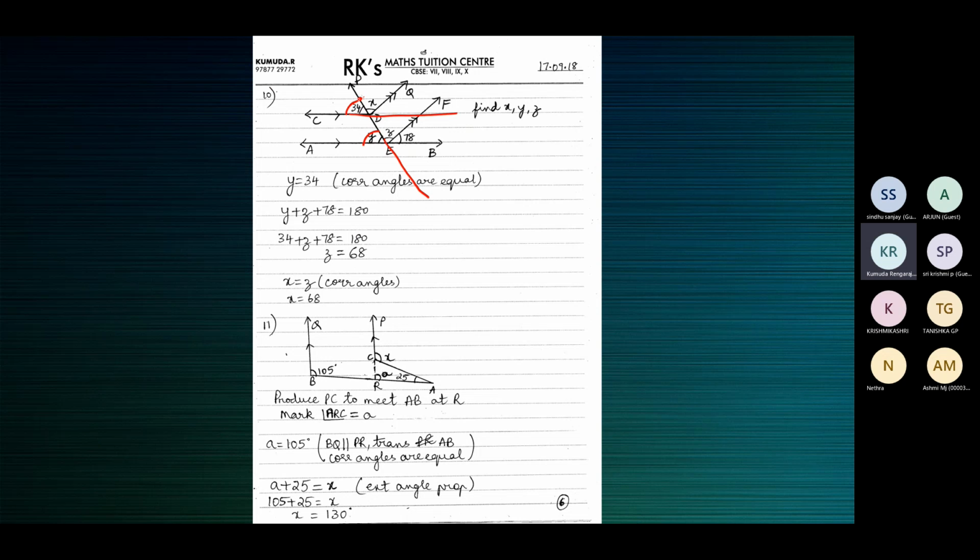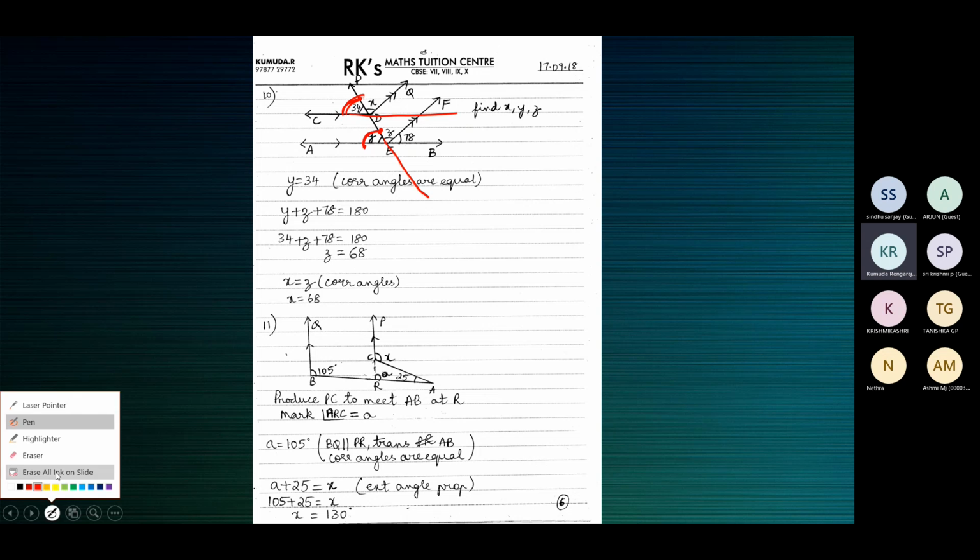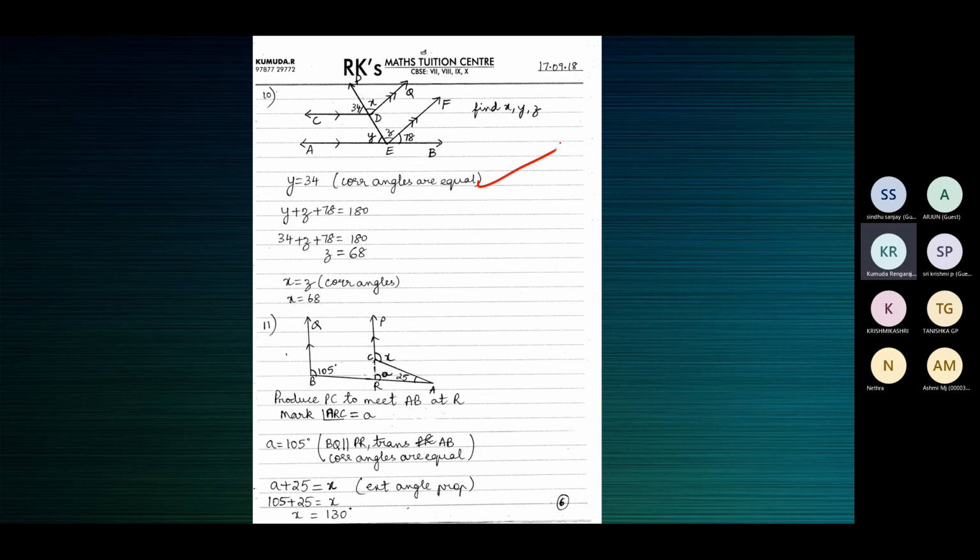From the transversal till the parallel line, 34 degrees. From the same transversal till the other parallel line, y. Corresponding angles are equal. Y is equal to 34. You should mention the parallel lines and the transversal.